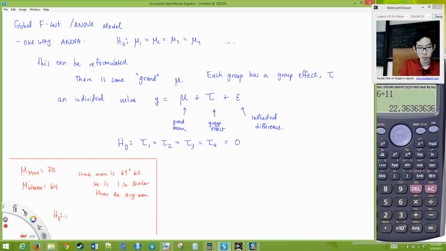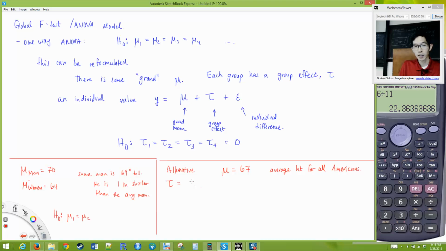The alternative formulation is to say that the average height of everyone in the United States is 67 inches. This is the average height for all Americans. And we can say if you are in the male group, there's an effect of adding 3 inches to that grand average.